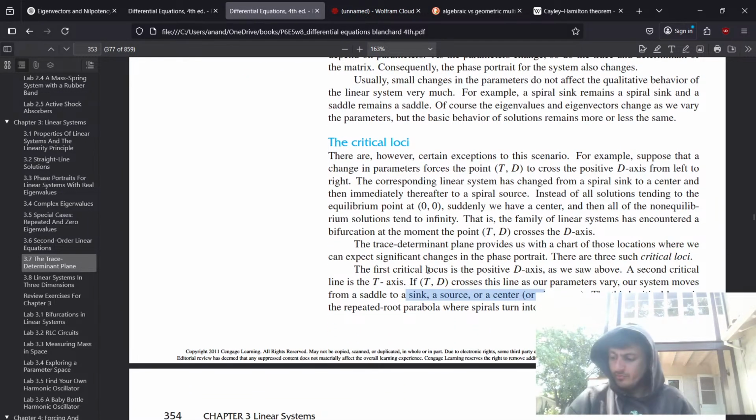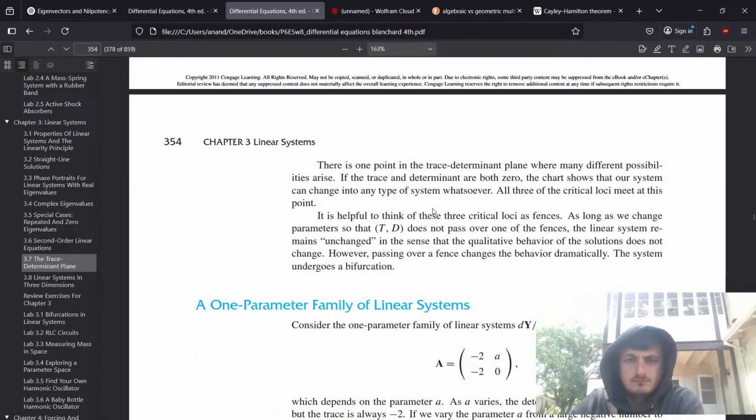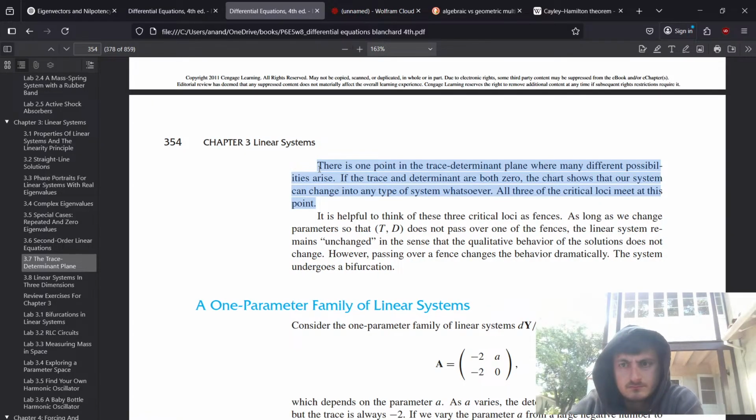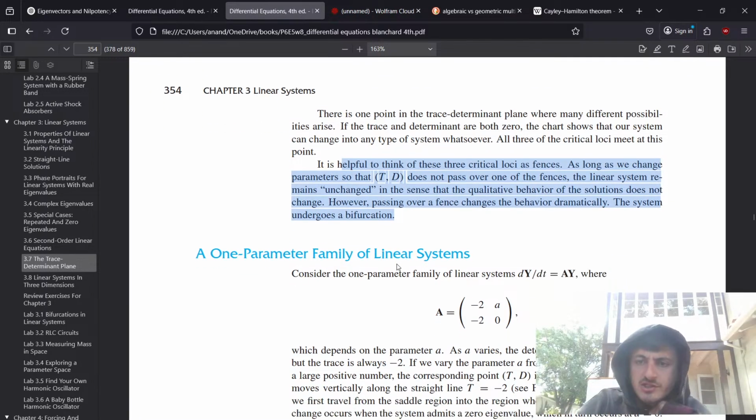The third is the repeated root parabola. Yes, the system remains unchanged unless you cross the fence.